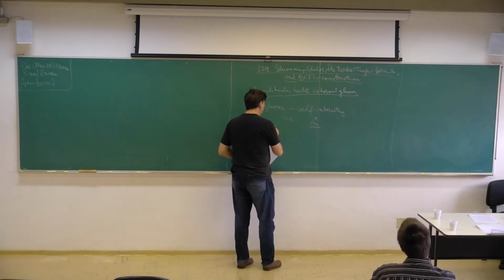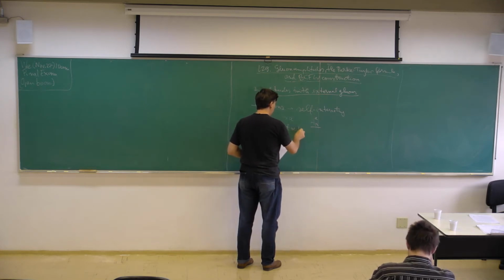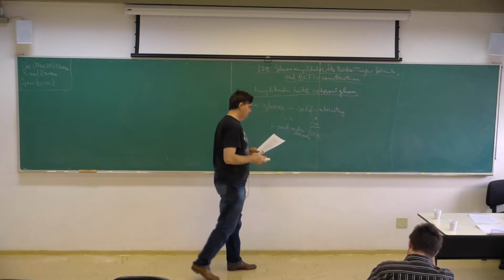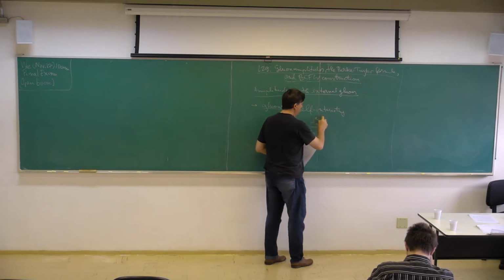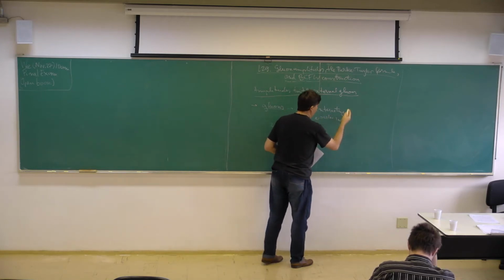And then there's a 3-point vertex that involves an object F^{ABC}. This A would be called a color index, for historical reasons.